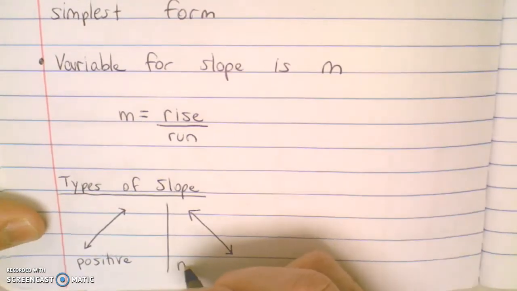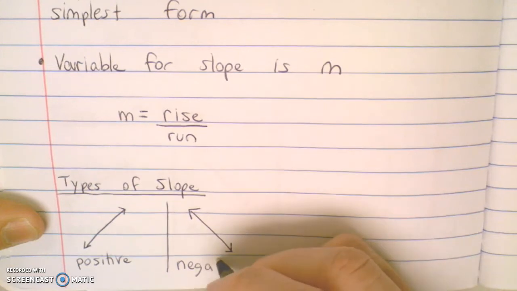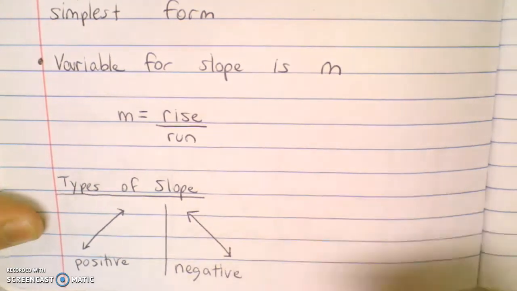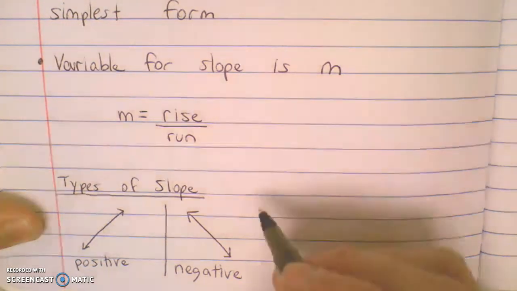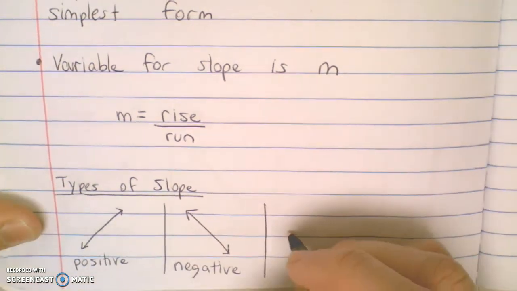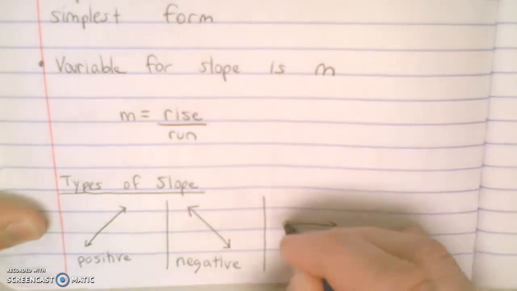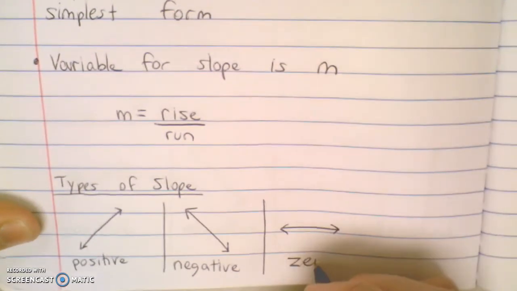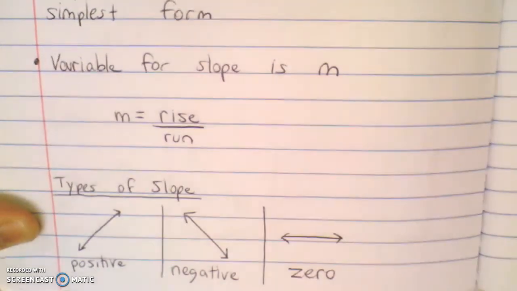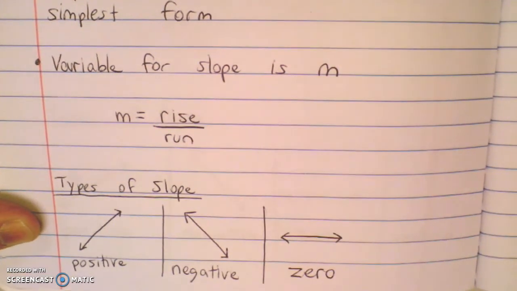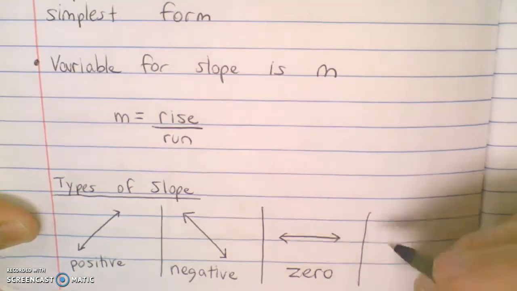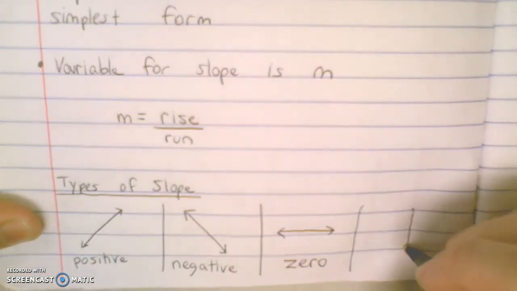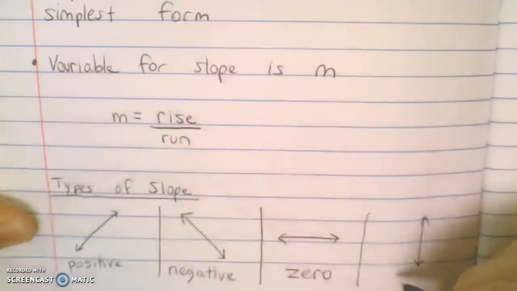When you go left to right, it goes down. Flat horizontal line is 0 slope. And a line that's up or down vertically is undefined.